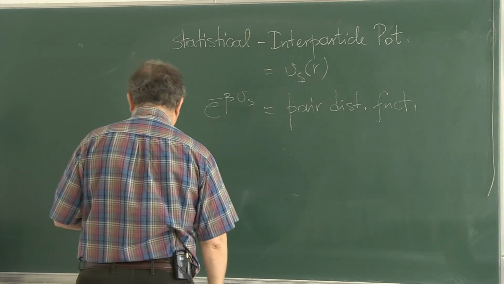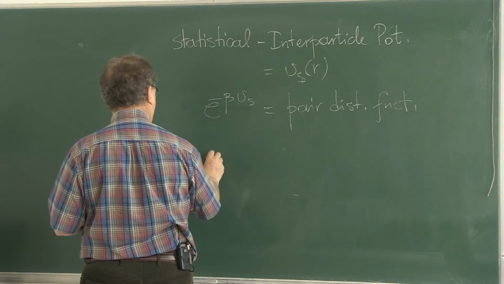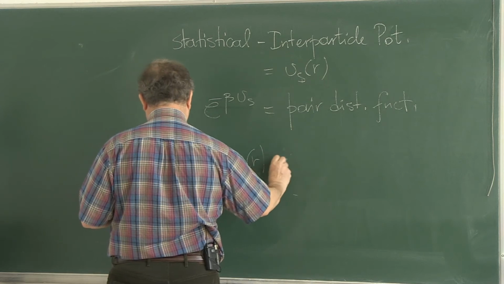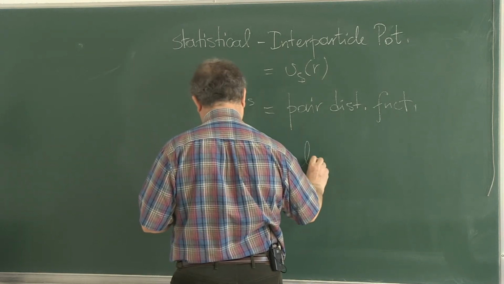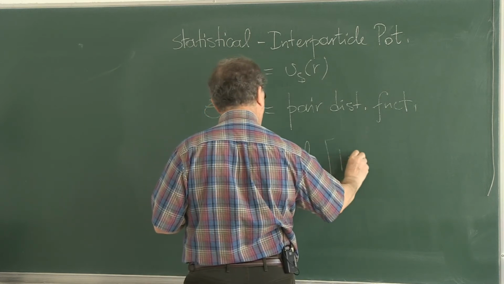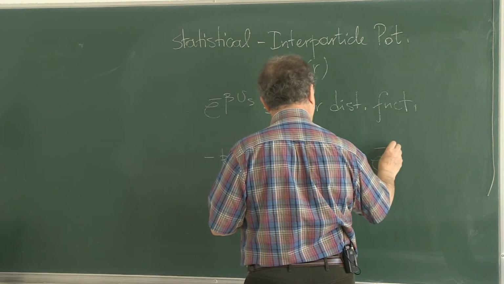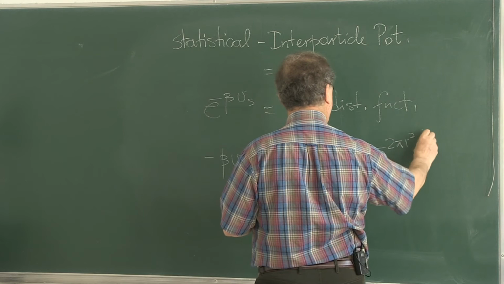That means when you take the logarithm of both sides, you have minus beta V statistical of R exactly equal to the logarithm of 1 plus or minus e to the minus 2 pi r squared over lambda t squared.